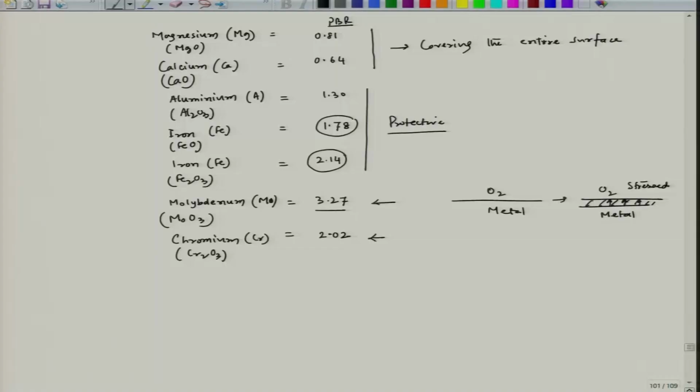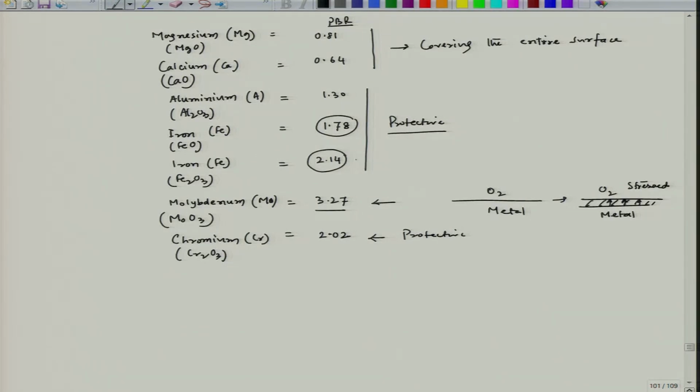Chromium also is a protective oxide, and that is why we use chromium in stainless steel, and its PBR ratio is a little more than 2, but still we can consider it to be protective. Now, interestingly, we have seen that if the value is 1 to 1.5 to 2, then we can say that it is protective.